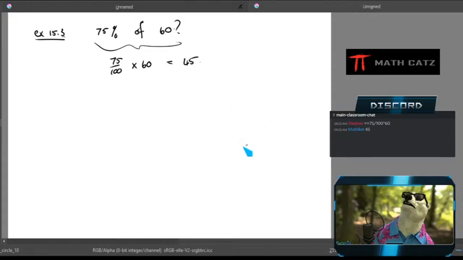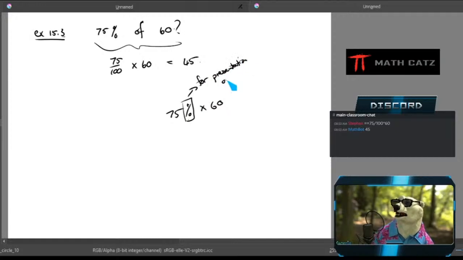I would, again, strongly encourage you to not ever say something like this. A percentage is a presentation thing. It's for presentation purposes only. It should not be in a calculation.